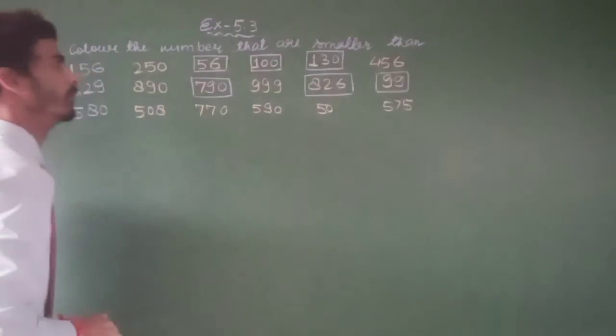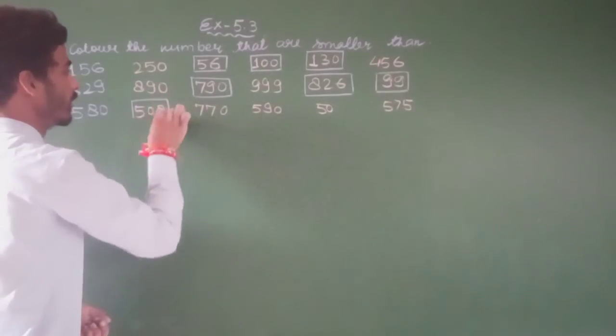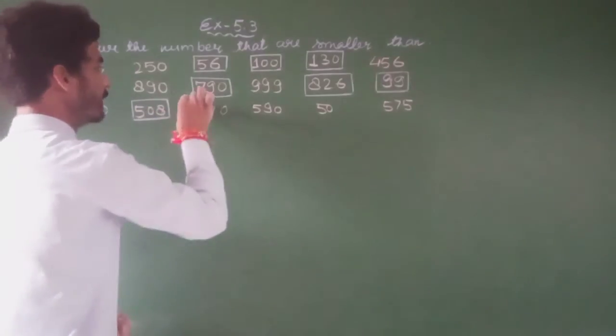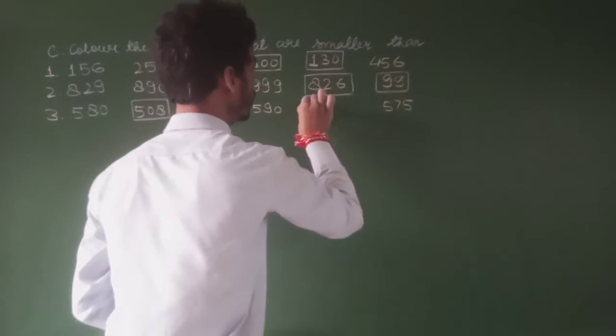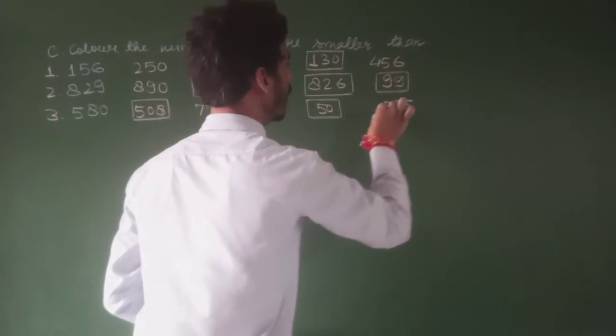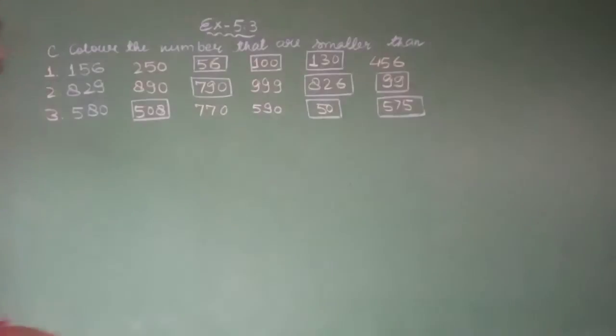Which ones are smaller than 580? 590 is not smaller. 508 is smaller than 580, 50 is smaller than 580, and 575 is also smaller than 580.